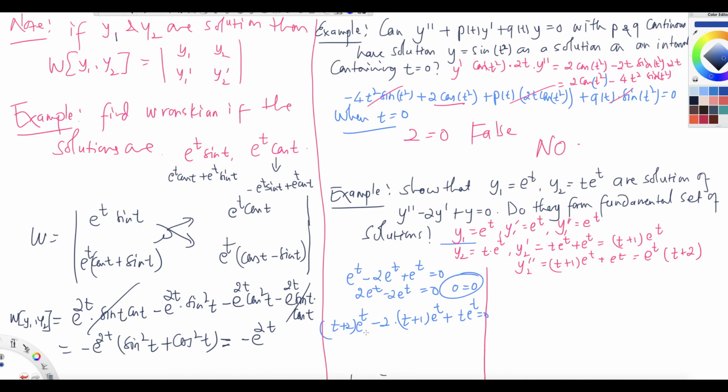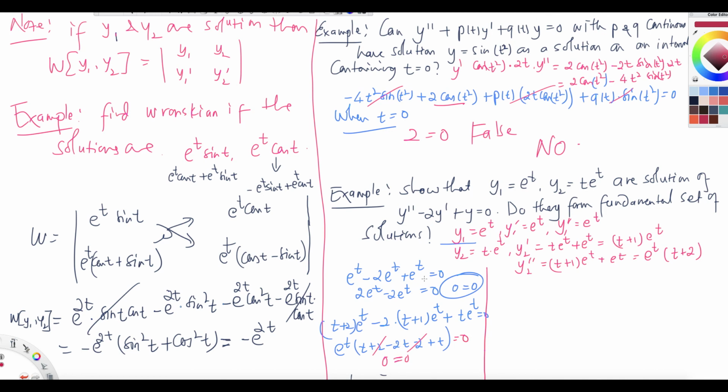So let us see that. If you take e to the t out, what do you get? t plus 2 minus twice t minus 2 plus t. You see that the 2 and 2 cancel out. So t plus t is twice t, minus twice t is 0. So 0 equals 0. That's what you get.